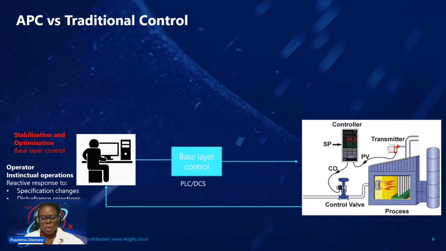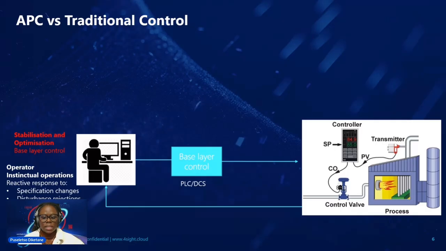All right. Now, one may ask themselves, how is the APC system different from the traditional control that we see most of our processes applying? In traditional control, the operator is solely responsible for setting the set point of the flotation circuit, which means they are responsible for determining where the process should be operating.